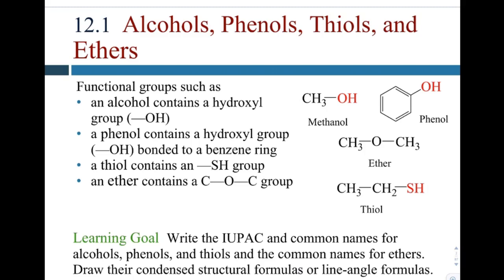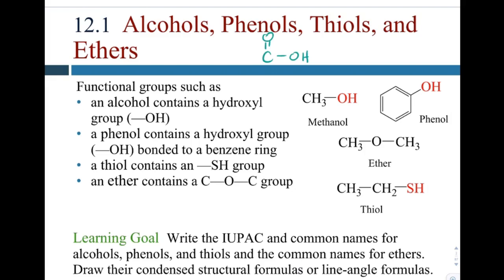So if you see anything with only OH, not the carboxylic acid where you've got C double bonded to an O and then an OH, just an OH, nothing else attached to that carbon, that's a hydroxyl group, and that is an alcohol. You can also have this happen off a benzene ring, and we call that a phenol.